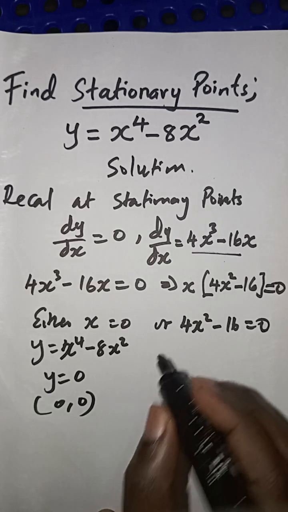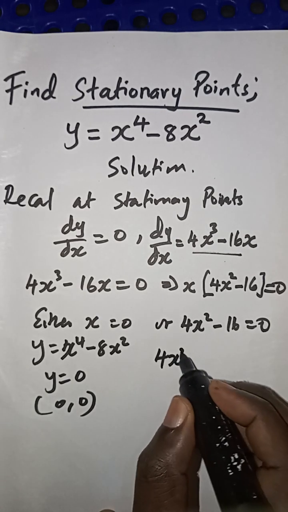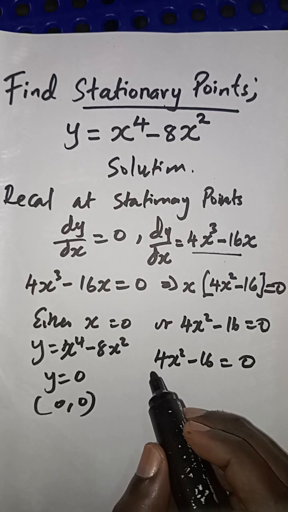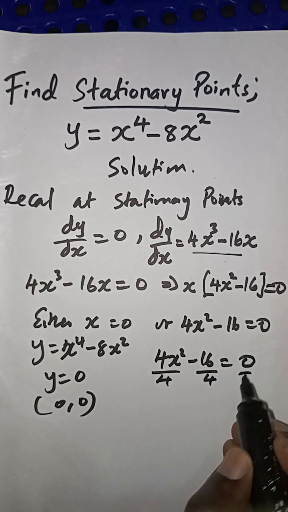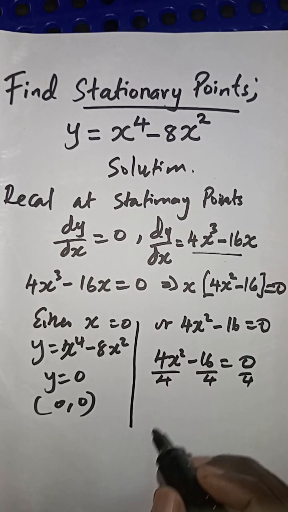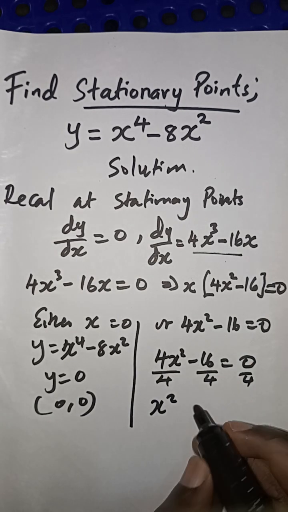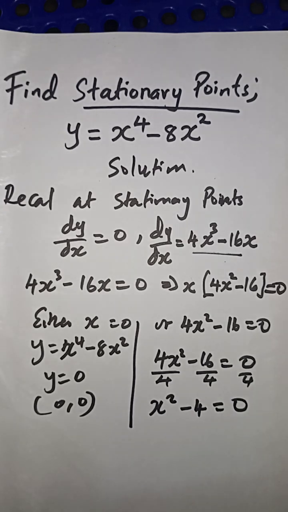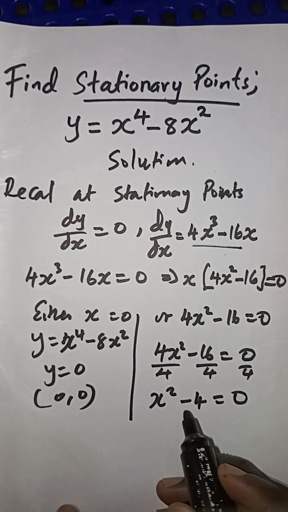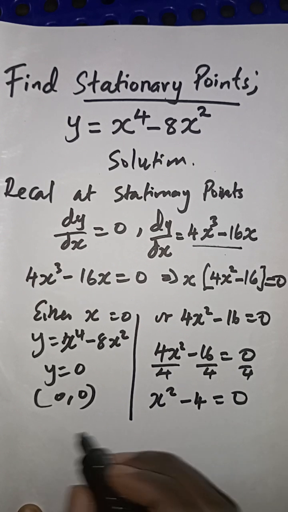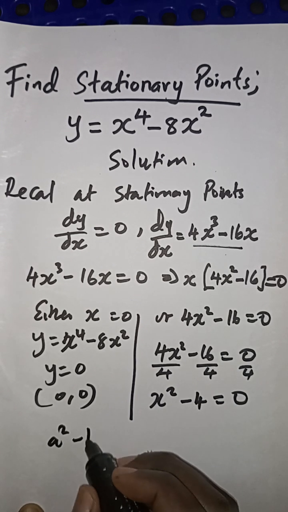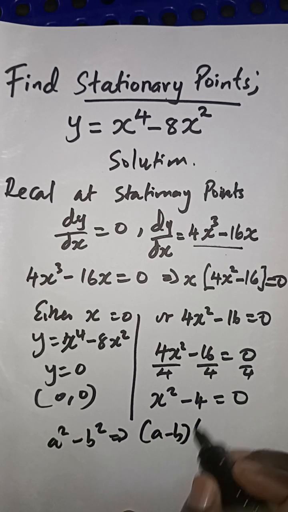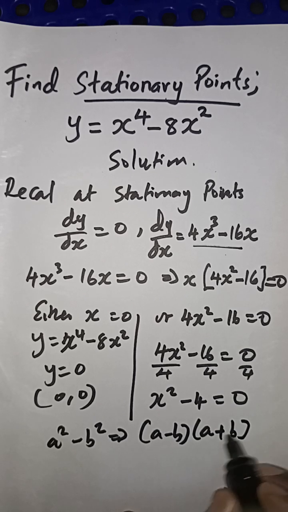The second, if you take 4x squared minus 16 equal to 0, I can divide by 4 across so that I end up with x squared minus 4 is equal to 0. For this, you need to use the identity of a squared minus b squared, which can be expanded as a minus b multiplied by a plus b.